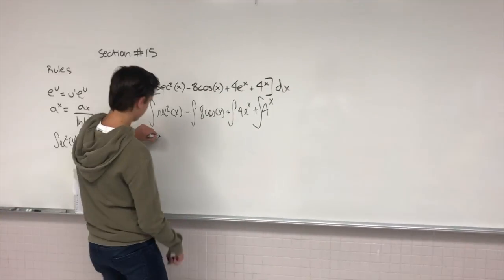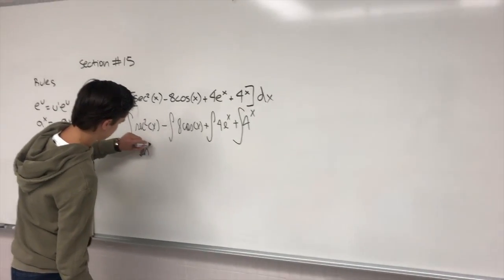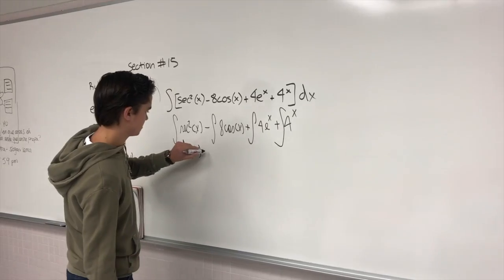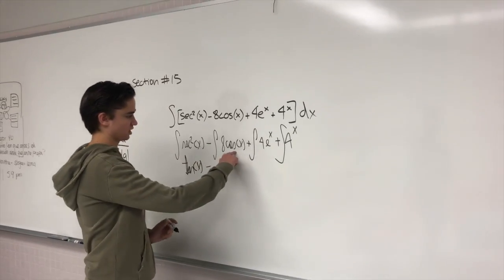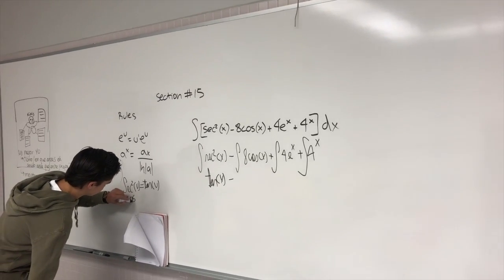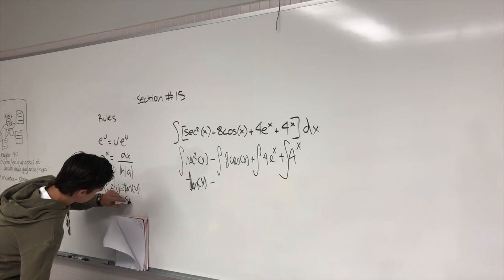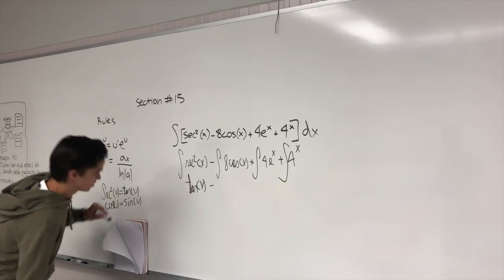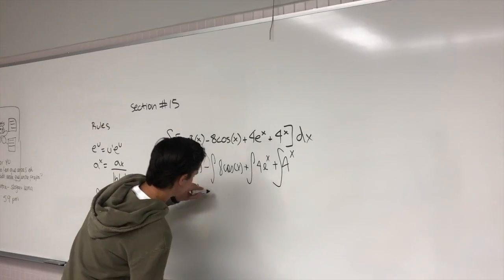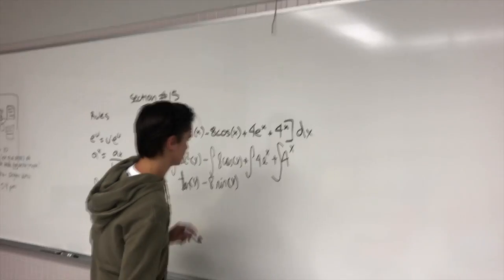So now we know that secant squared is equal to tan of x, minus another rule: the integral of cosine of u is the same as sin of u. So we consider the minus sin of x.